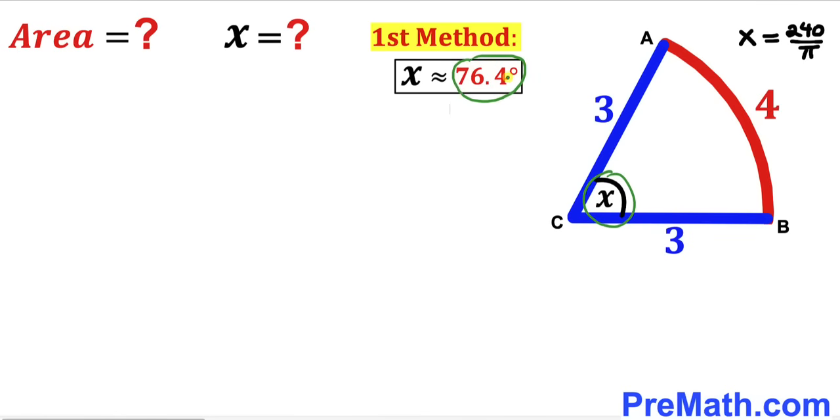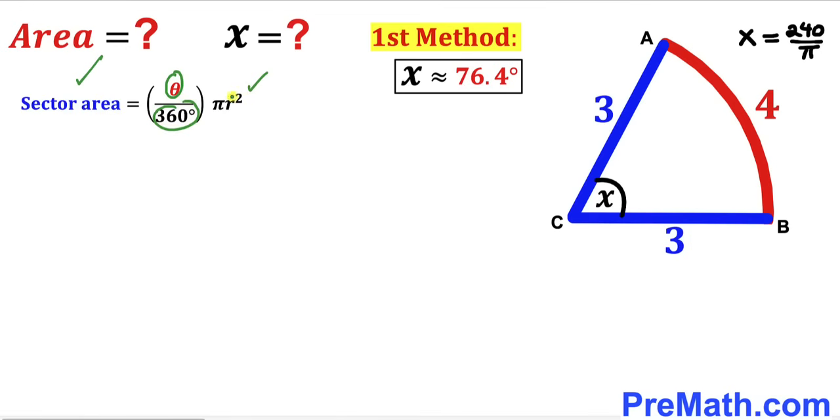So our angle x value turns out to be approximately 76.4 degrees. In this next step, we are going to calculate the area of this sector. Let's recall the sector area formula: area is always equal to angle theta divided by 360 degrees times pi r squared, where the radius r in our case is 3 units.